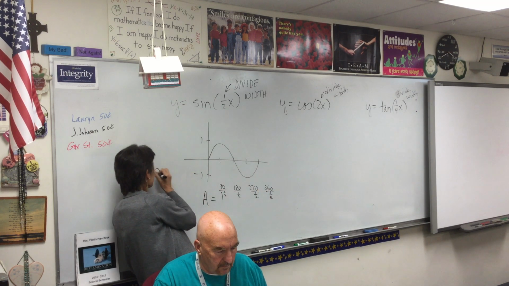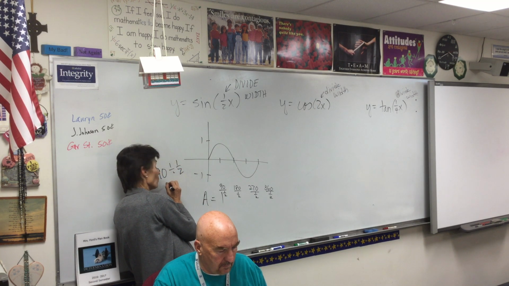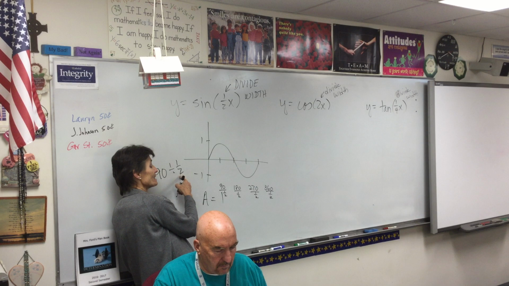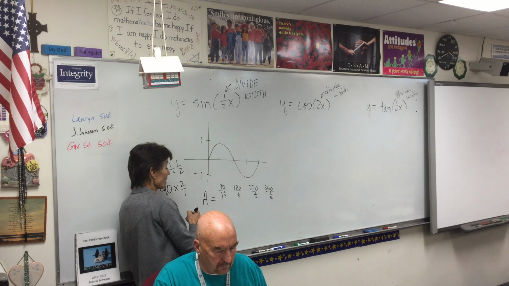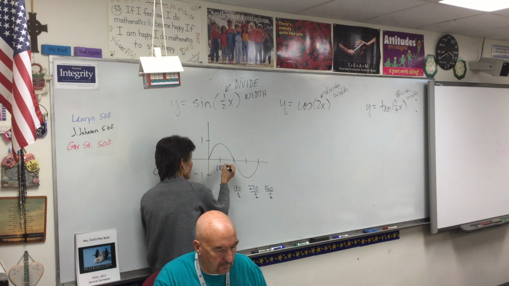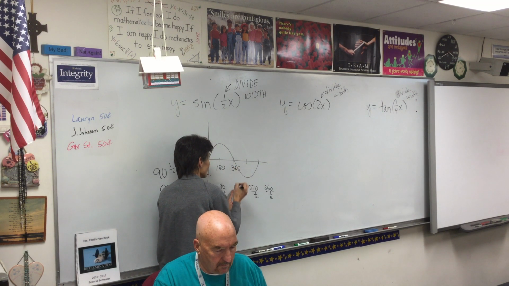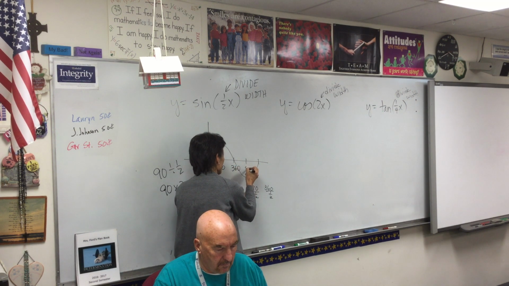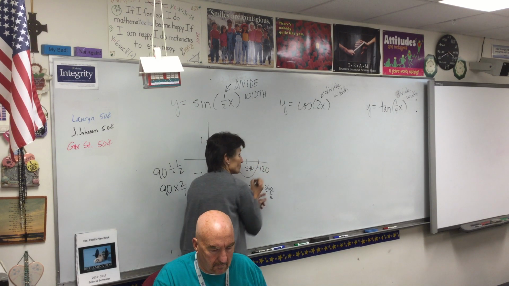So 90 divided by a half, 45. No, 90 divided by a half is 90 times 2 over 1, and 90 times 2 is 180, and then 180 times 2, 270 times 2, and 360 times 2.